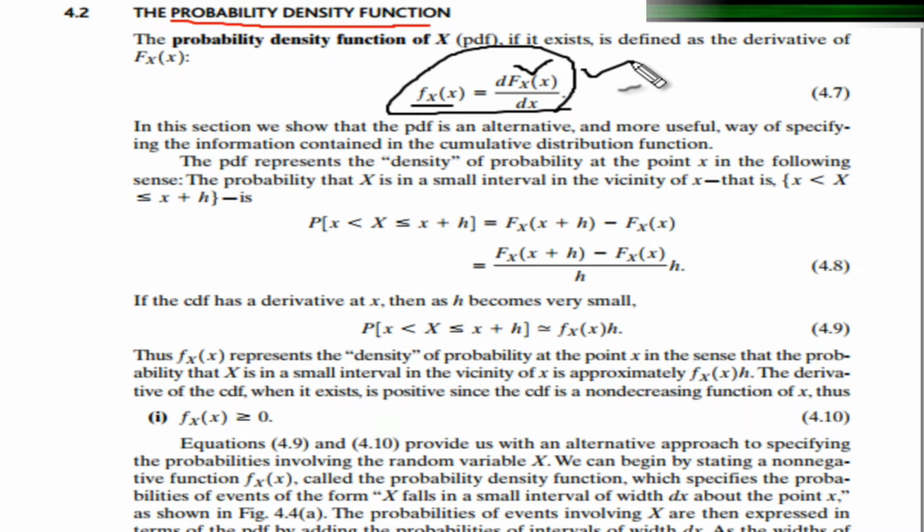So x is a random variable, and in that question we saw that the values of the random variable are 0, 1, 2 and 3. So the probability of 0 heads is basically 1 by 8.